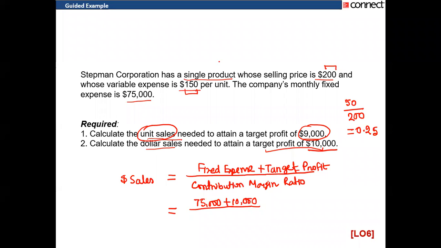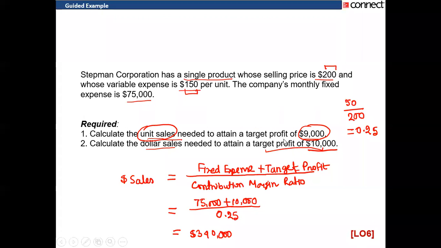Or something different? You have confirmed that it is 25%. So let me write it in this way. How much dollar sales is needed for the target profit of $10,000? Your calculator should give you $340,000 in sales.